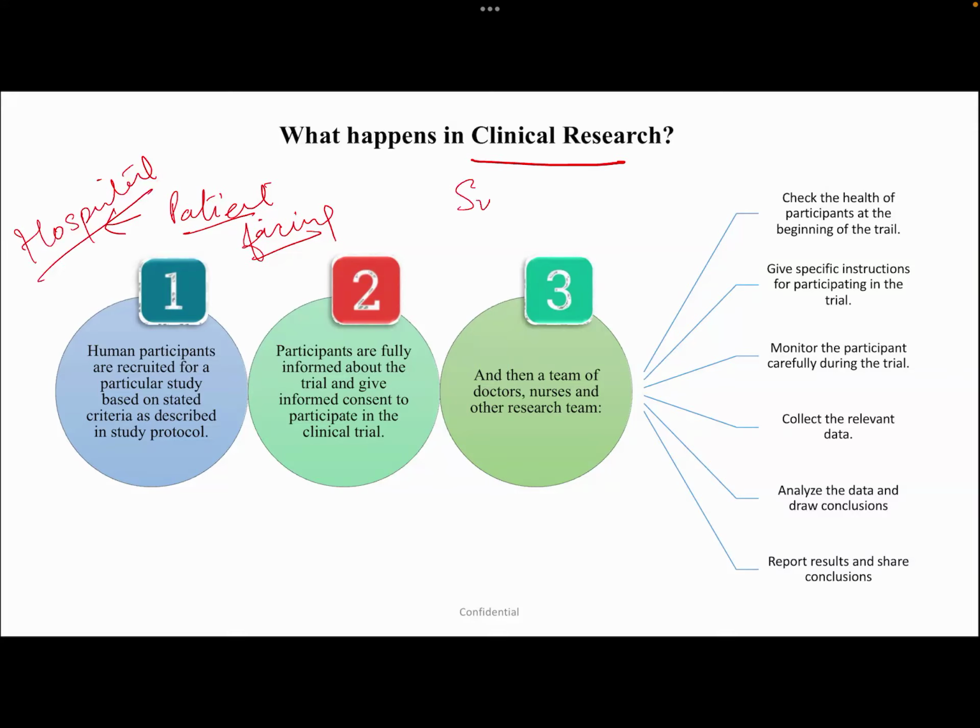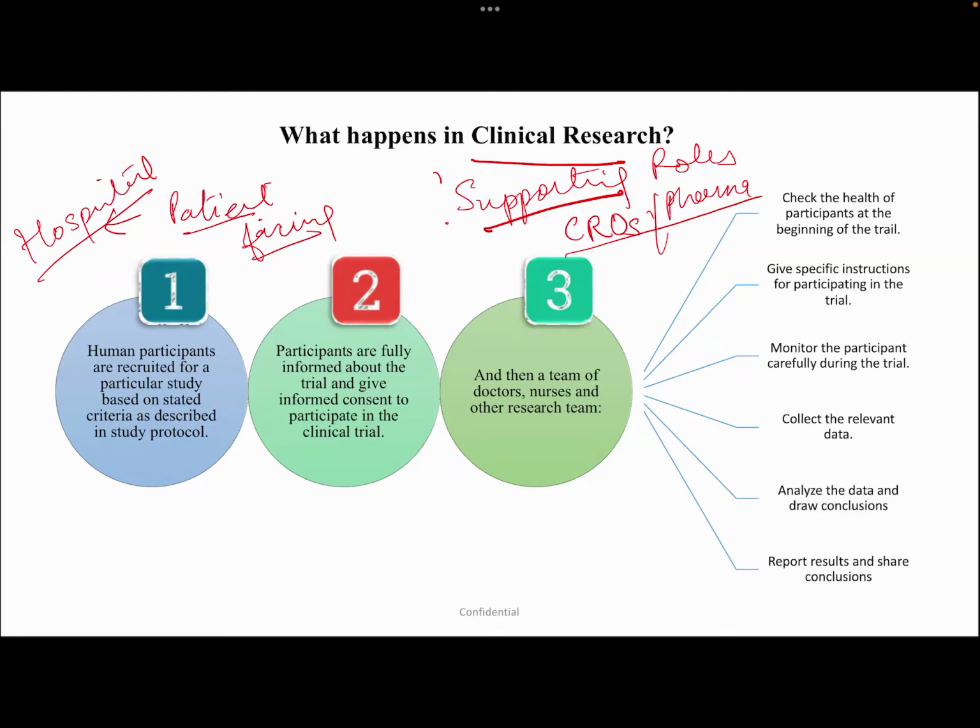And the other are supporting roles. Those are in CROs and pharma. The team of supporting roles is always bigger. In a hospital, you see the investigator, CRC, ethics committee coordinator, CTA, and a few more roles: nurse, pharmacist.